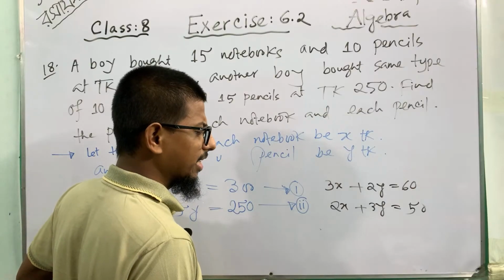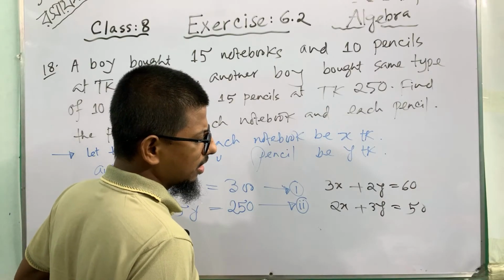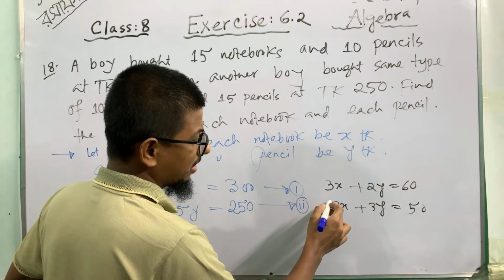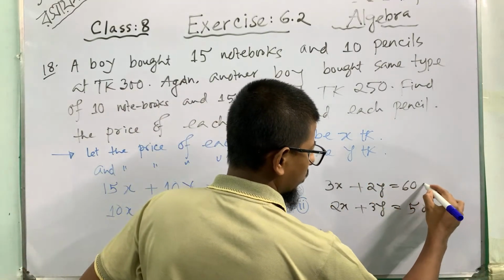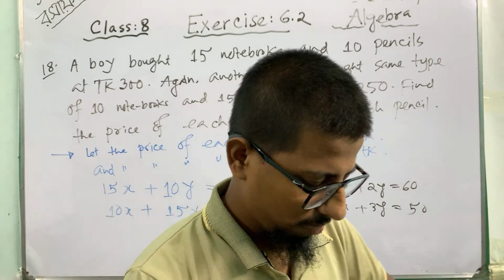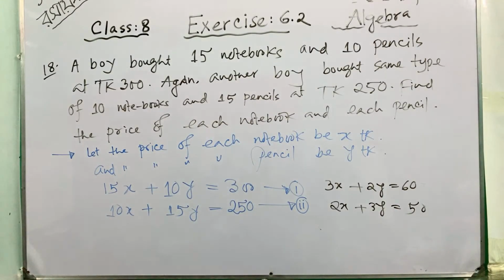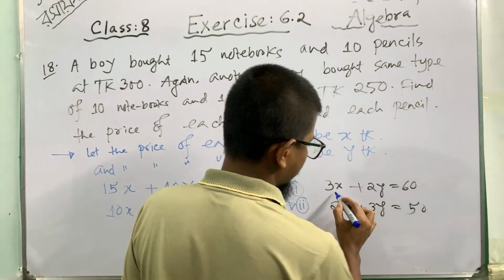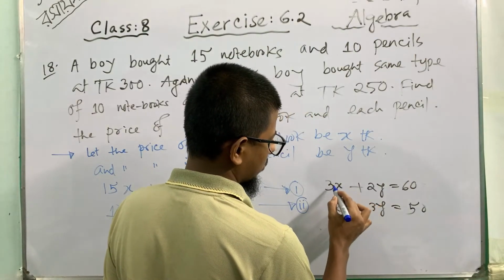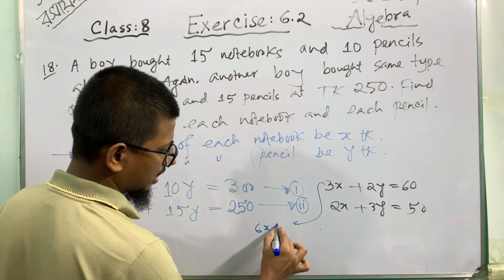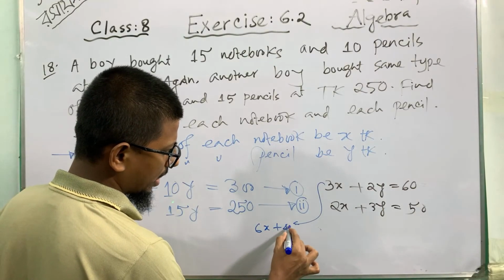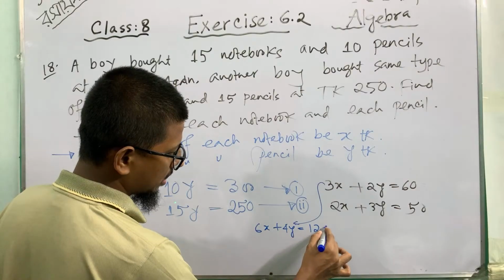Now I can use what mathematicians call the process of elimination. Well, before that, I'm going to multiply the first equation by 2. So if I multiply the first equation by 2, I get, okay, I'm going to use the blue pen. I get 6x. So the first equation becomes 6x plus 4y equal to 120.